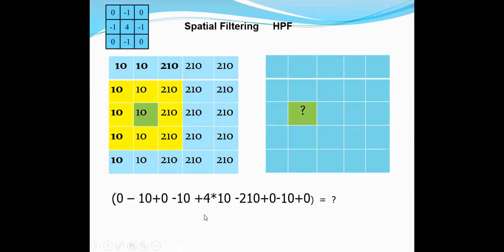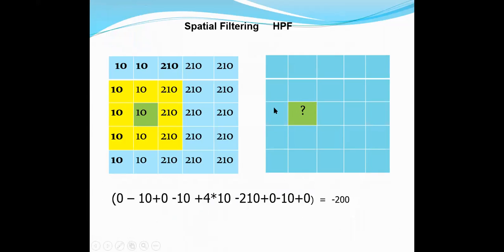The central value is multiplied by 4, so it is 40. Then this term is -1 multiplied by 210, this 10 is also multiplied by -1, this is multiplied by -1, and this is multiplied by -1. Yes, Manas, your answer is correct. So you will get the answer as -200.